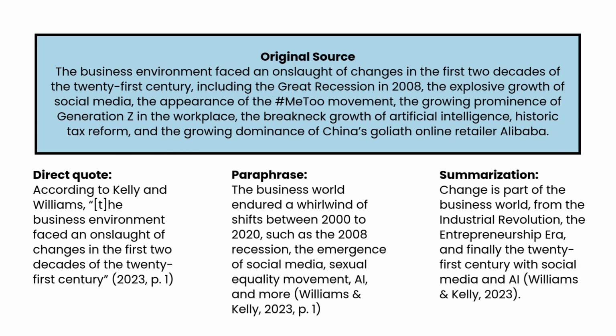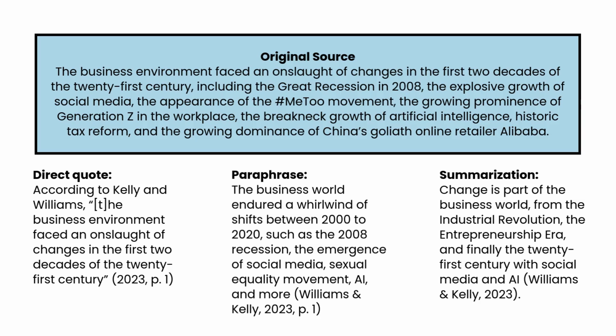When you borrow ideas or exact words from a source, you need to cite it both with an in-text citation and a reference. There are several different ways you might borrow from a source. If you include word for word exact phrasing from a source, that's considered a direct quote and should be indicated by using quotation marks around the borrowed words, followed by an in-text citation.